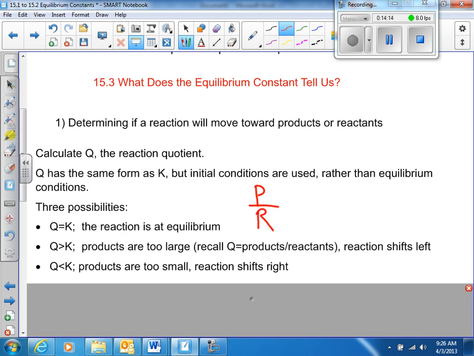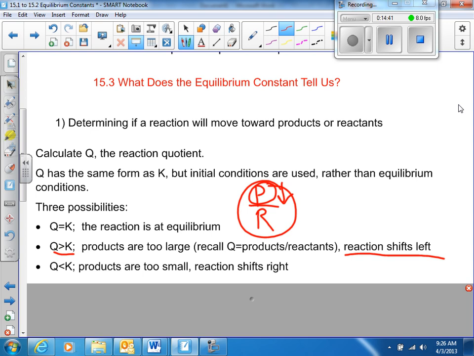So if Q is bigger than K, that means this is too big. Q is too big. We need to get smaller, which means we need products to go down, which means we will go toward the reactants, and we will shift left toward the reactants.